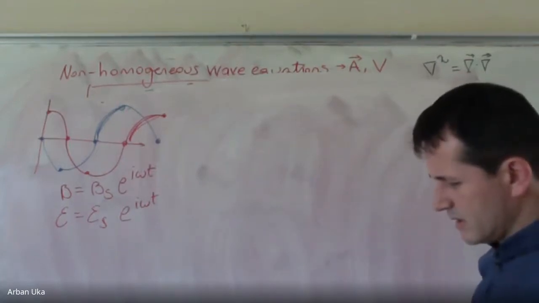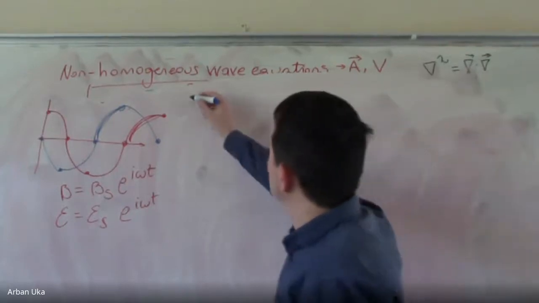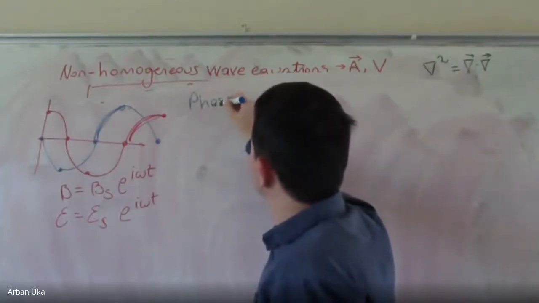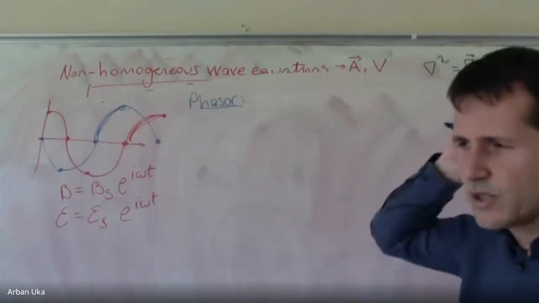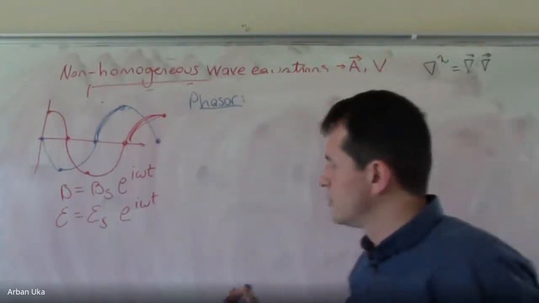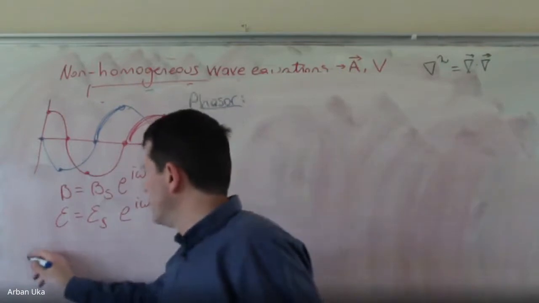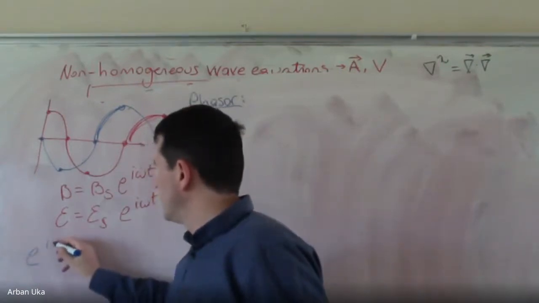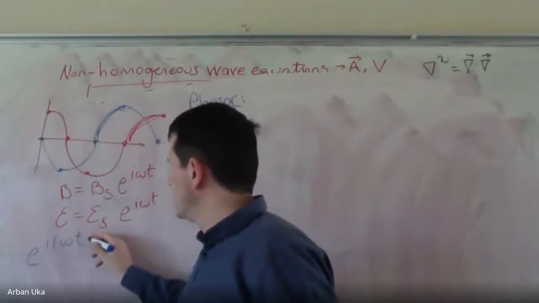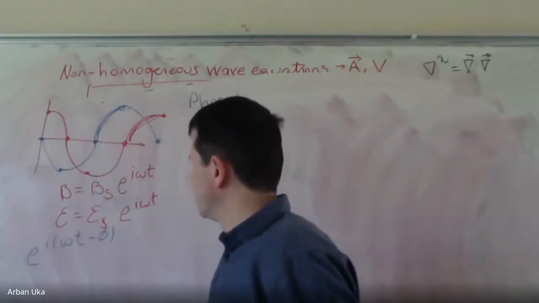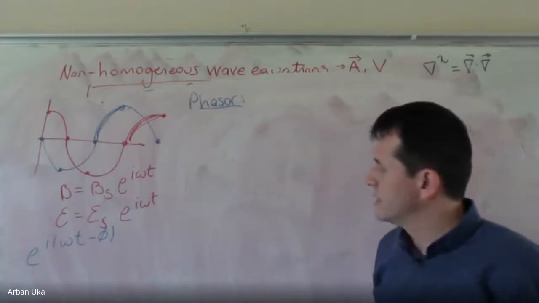Now, let's discuss something about the phasors, okay? The first thing that we should always know is the following. e to the power i (omega t minus phi), okay? So what is this quantity equal to?